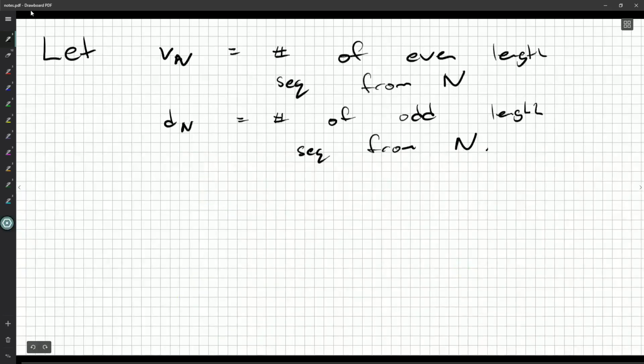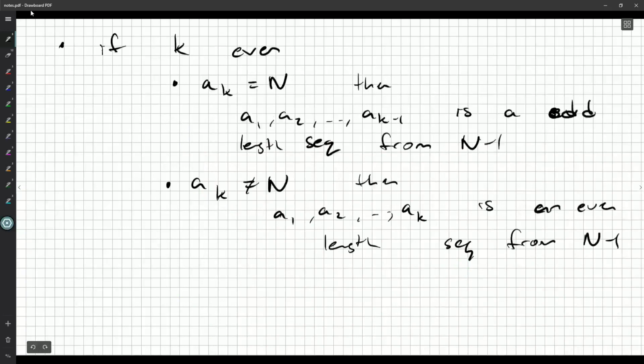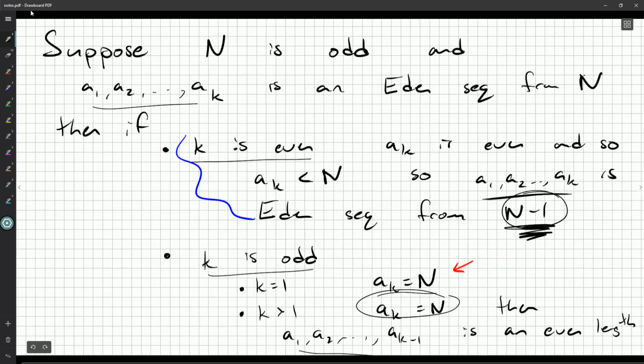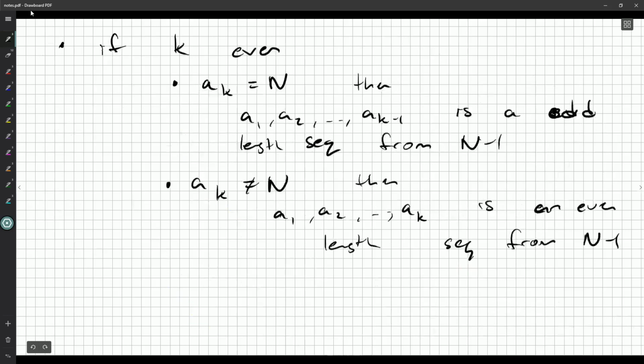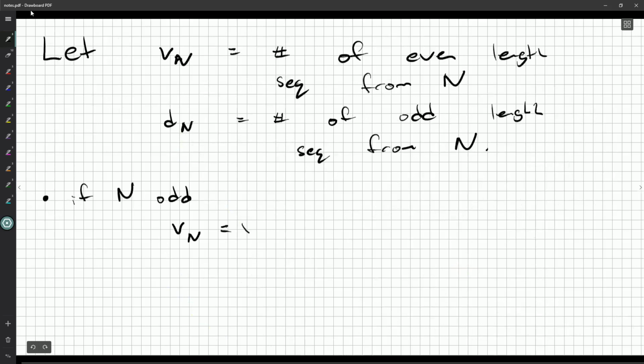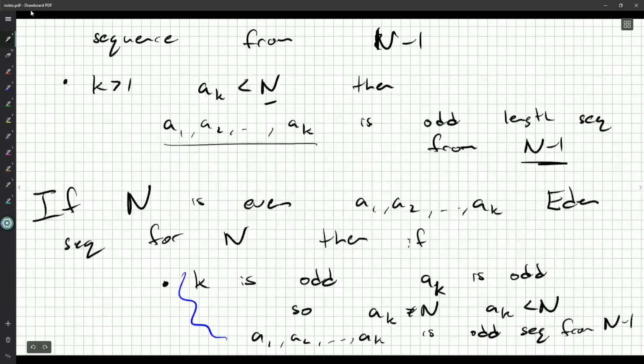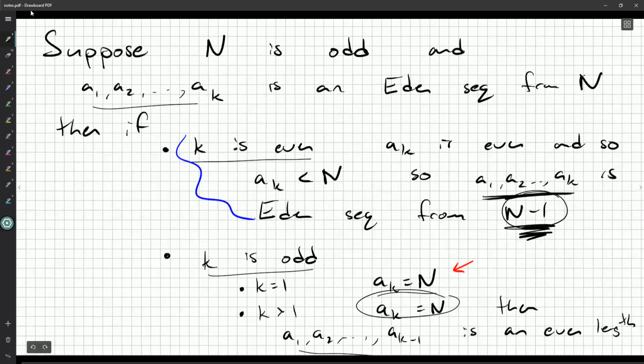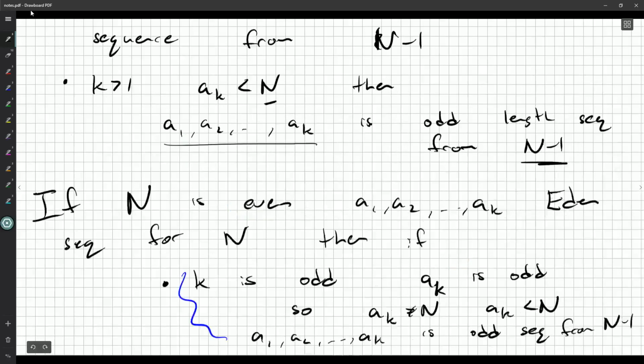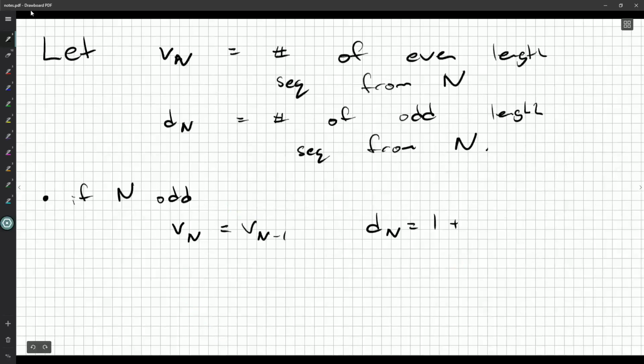So our previous work should tell me that if n is odd, Vn should just be, I should just copy the previous even length sequences. Dn, it's going to be 1 for that single case where it's just a sequence that is n. Then sequences of even length from before and sequences of odd length from before.